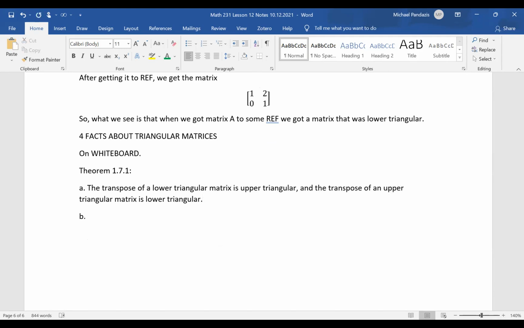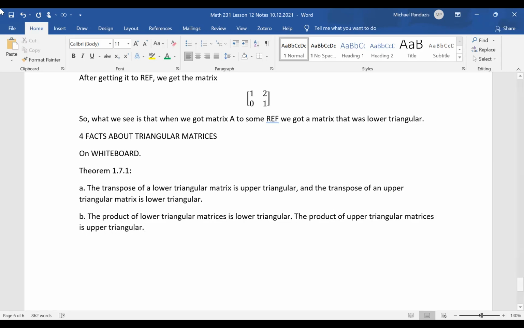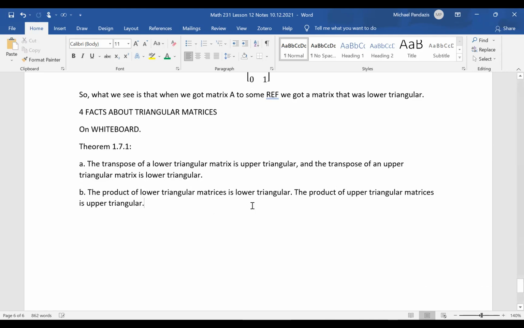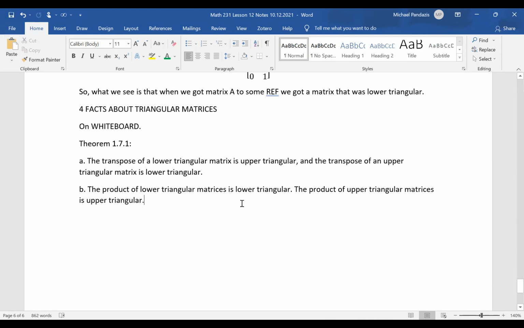Okay. B, the product of lower triangular matrices is lower triangular. The product of upper triangular matrices is upper triangular. Okay, simple. If you multiply lower triangular matrices, you get a lower triangular matrix. If you multiply upper triangular matrices, you get an upper triangular matrix.